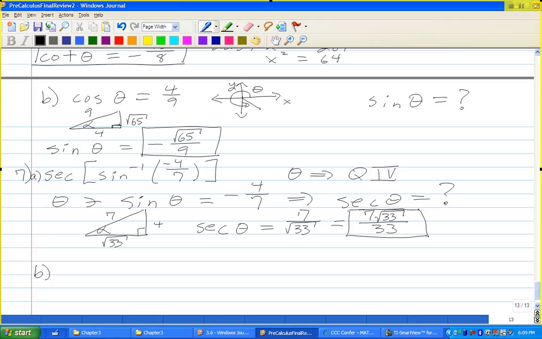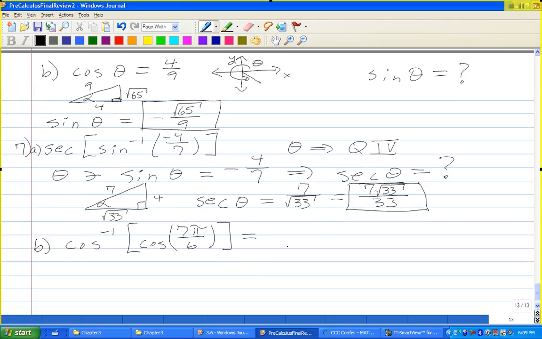Cosine inverse of cosine of 7 pi over 6. Okay, so let me just check.